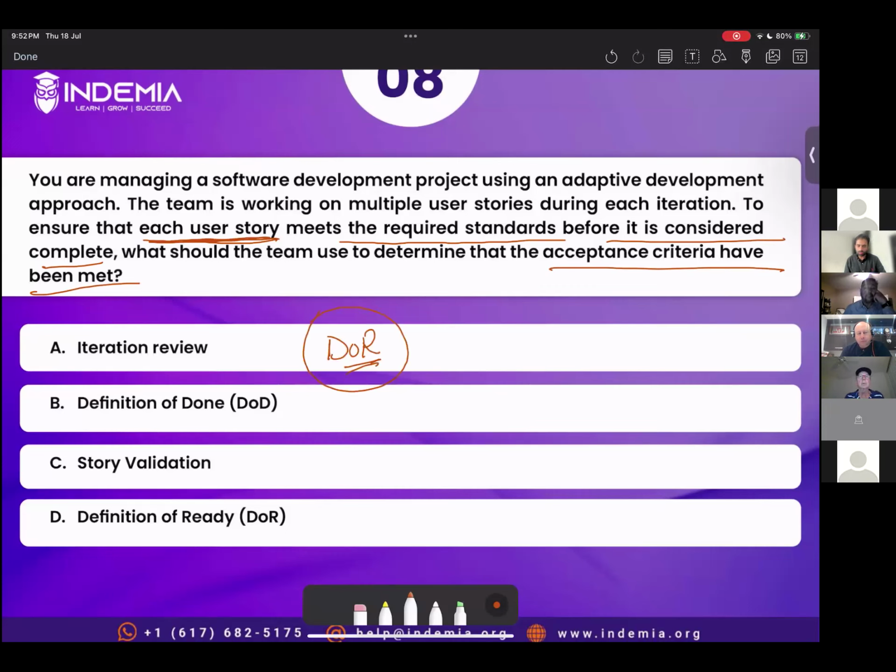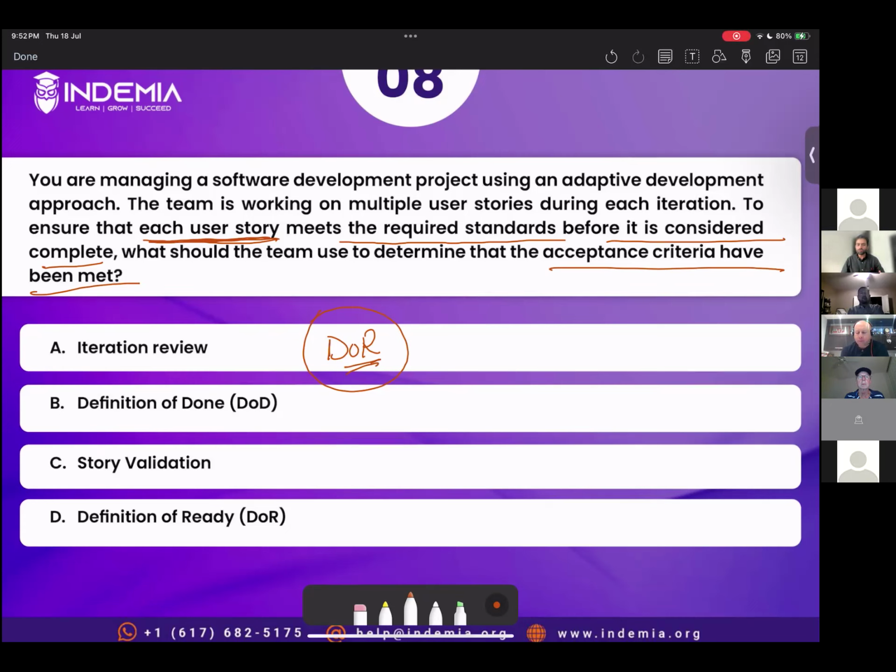DOR is a set of conditions which should be met before you kickstart developing a user story. You understand, everybody? So in the iteration planning meeting, you make sure that each user story fulfills the requirement of definition of ready. Means you are ready to start your work.